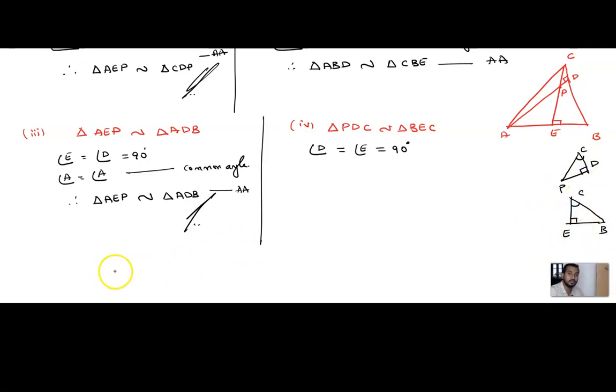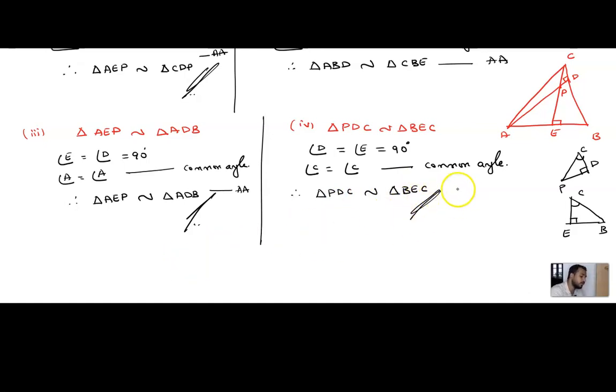That is also angle C. So angle C is equal to angle C. What is the reason? Common angle. Therefore triangle PDC is similar to triangle BEC. Reason? A similarity criteria, hence proved.